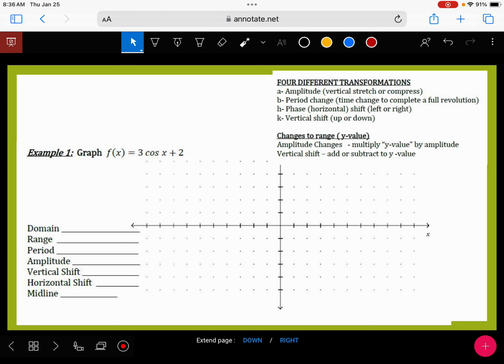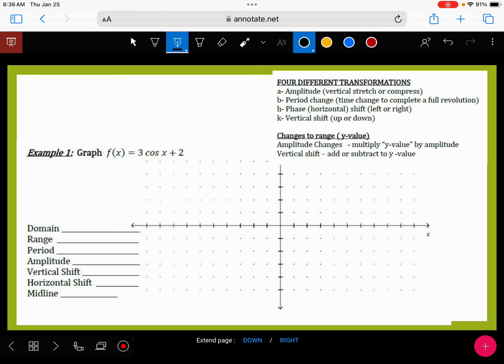So when I'm referring to these letters, it's also those letters there. A is going to be the amplitude or the stretch. B is going to be the period change, and we'll talk about that. H is going to be the phase or the horizontal shift, and then K is going to be the vertical shift. I think it's easiest to kind of just get into it and look.